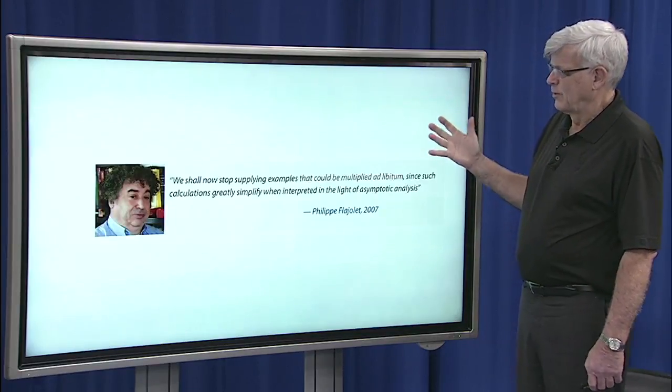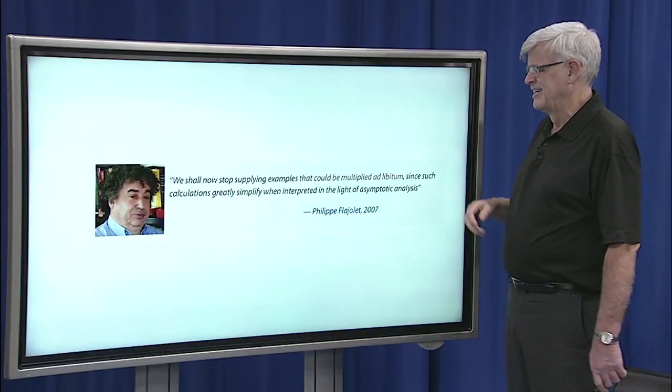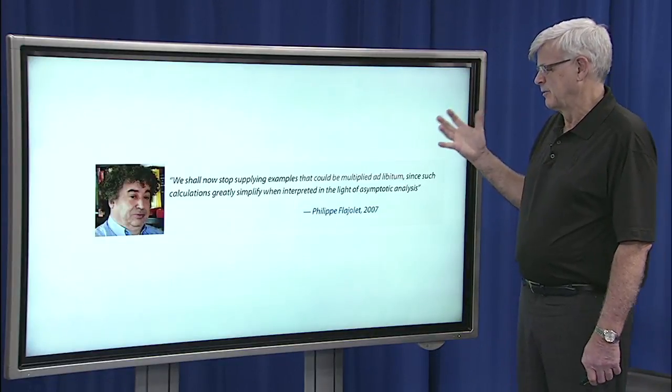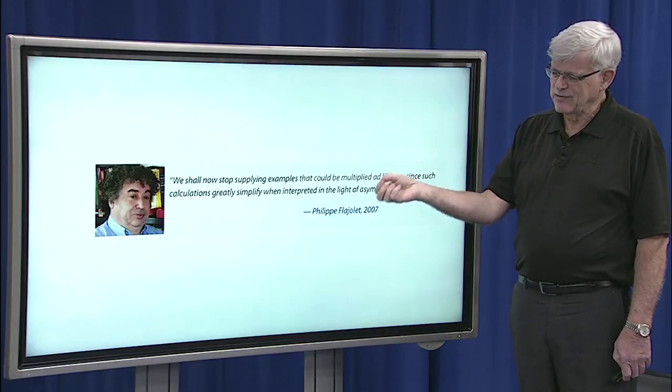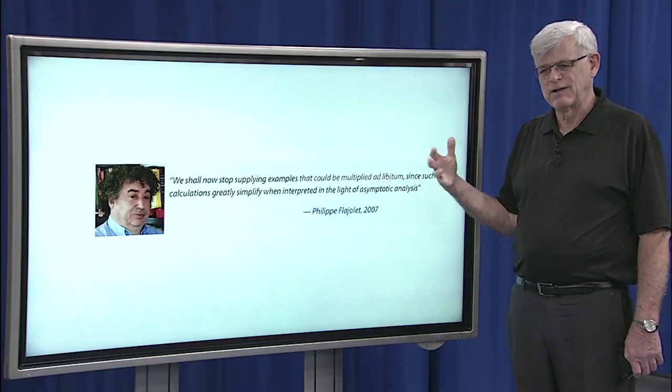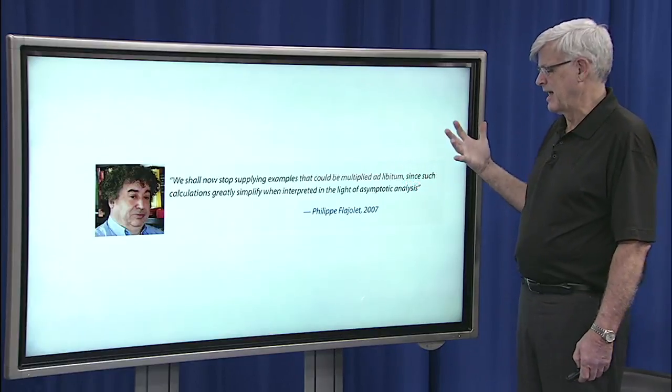I think at this point, I'll quote Philippe, that we can stop supplying examples now, because with the tools that we have, the combinatorial constructions, we could provide examples ad libitum, at liberty. But we're going to stop doing that, because to actually extract the coefficients involves lots of calculations with the techniques that we have.